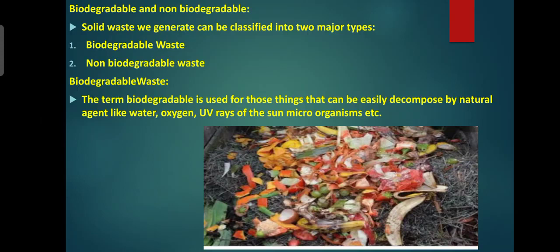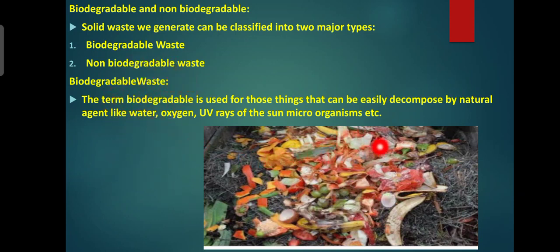Now move on. Biodegradable and non-biodegradable waste. Solid waste we generate can be classified into two major types: biodegradable waste and non-biodegradable waste. Now we are going to discuss biodegradable waste.